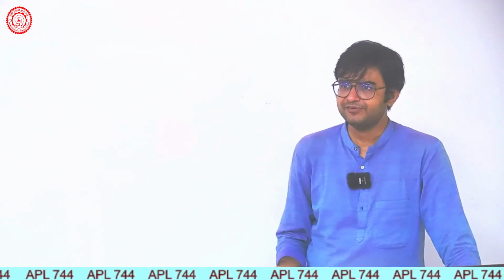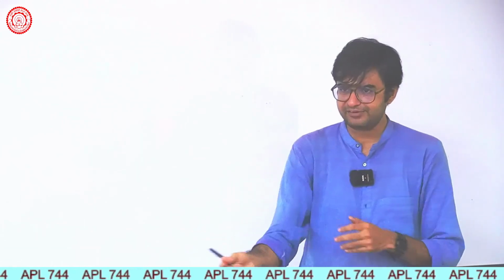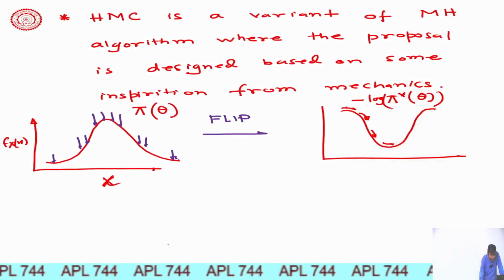So now, there is some inspiration from statistical mechanics as well, okay? I already gave some reference to the low energy state, but let us discuss it in a little bit more detail.